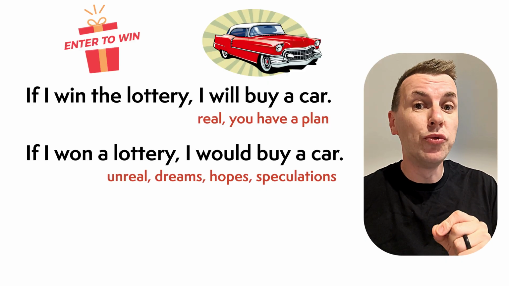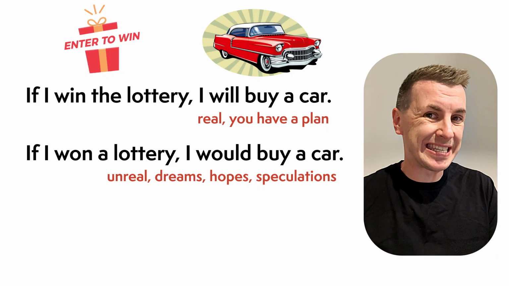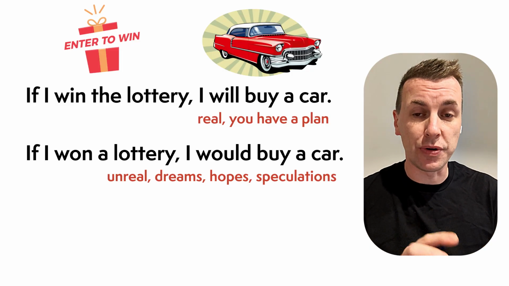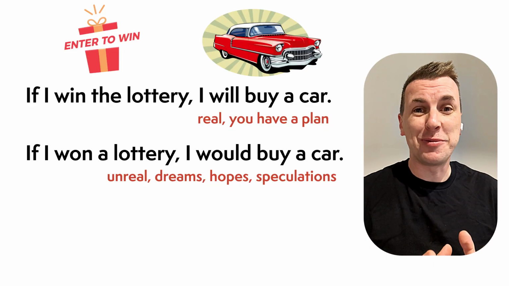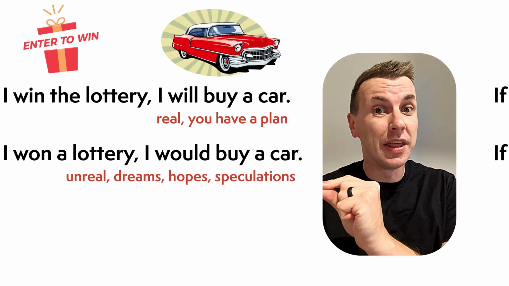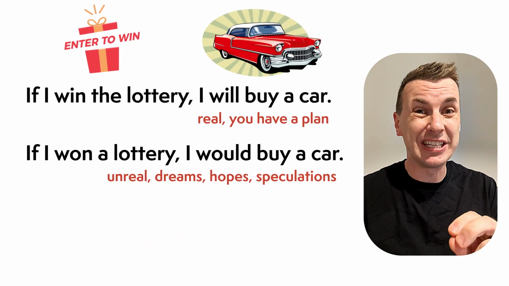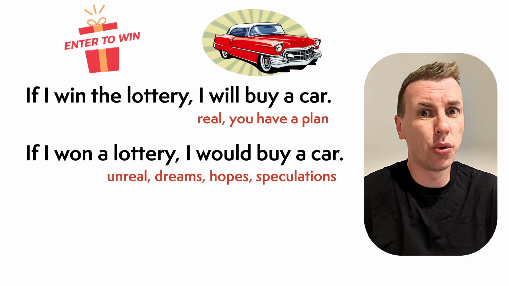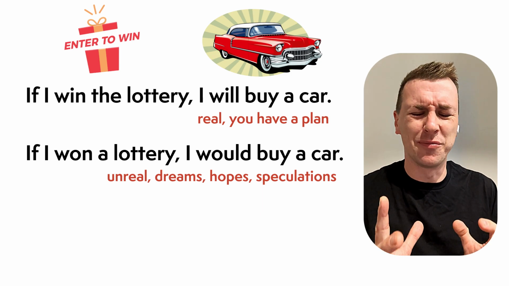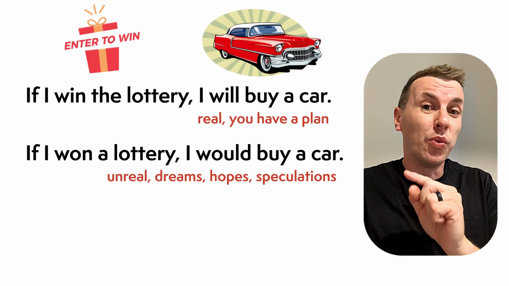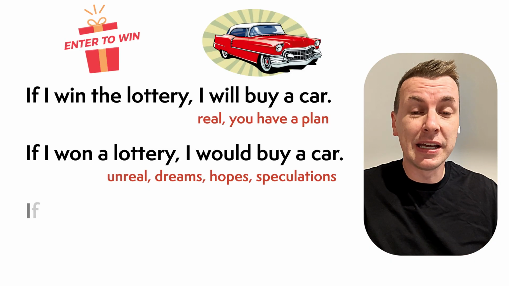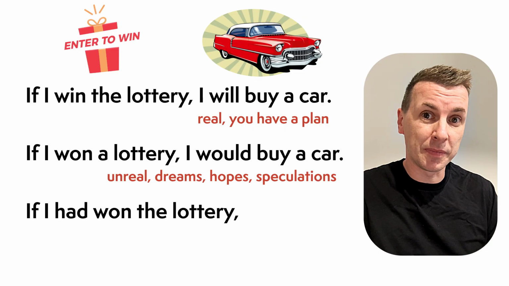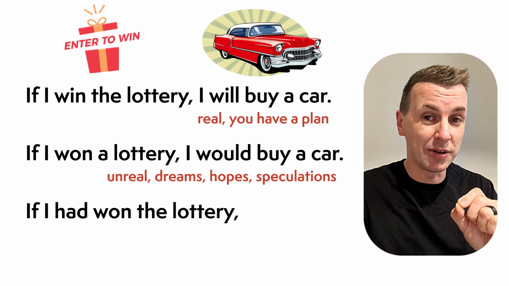Now, let's move on to conditional three. Let's use the same sentence, the same example, and we'll switch it to conditional three. Now, buckle up, it's going to be a little more difficult. In the condition part, we're going to change it into past perfect. Ooh. Or past perfect continuous. Ooh, even worse, right? So we say, if I had won the lottery, mind the article here again, I'll explain it later.